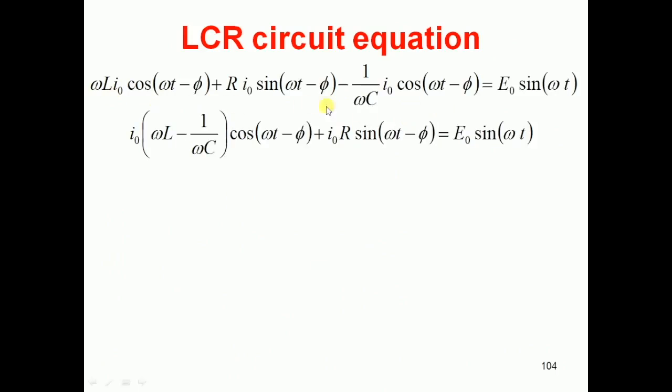I have rewritten this equation on this slide, and now we can collect the terms together. I0 is being taken common, and omega L minus 1 upon omega C times cos of omega t minus phi plus I0 R into sine of omega t minus phi equal to E0 sine omega t.